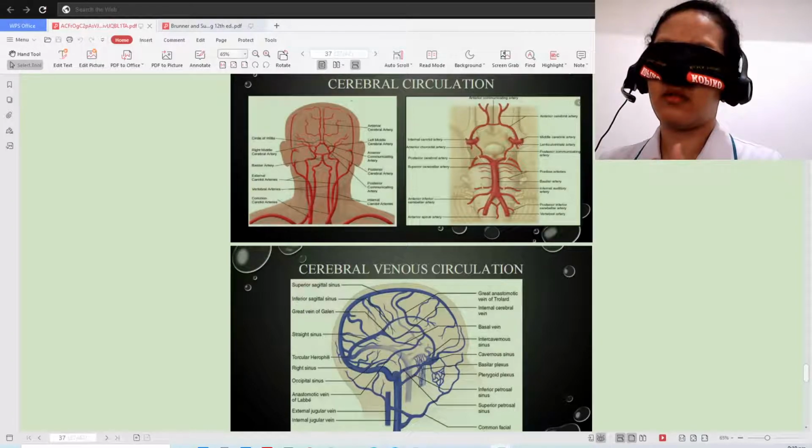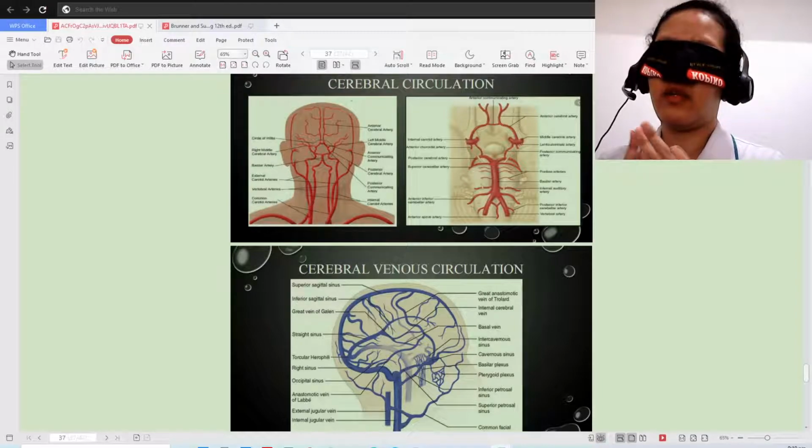Then next, the internal carotid artery is one of the most important arteries that supplies blood to the brain. It is the major branch of the common carotid artery. Then the common carotid artery supplies blood to the head and neck.